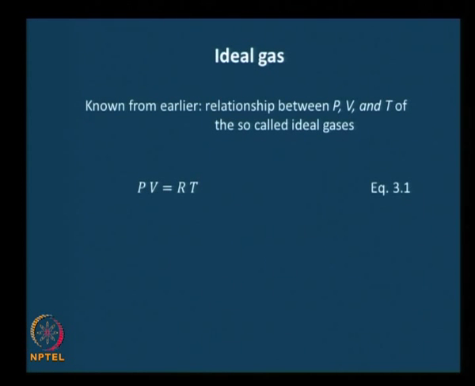Let us register this as equation 3.1 here, because we will need to refer to this in the later parts of the module, or maybe later too. R, as may be known, is the universal gas constant, the value of which in these set of units is 8.314 joule per mole per Kelvin.